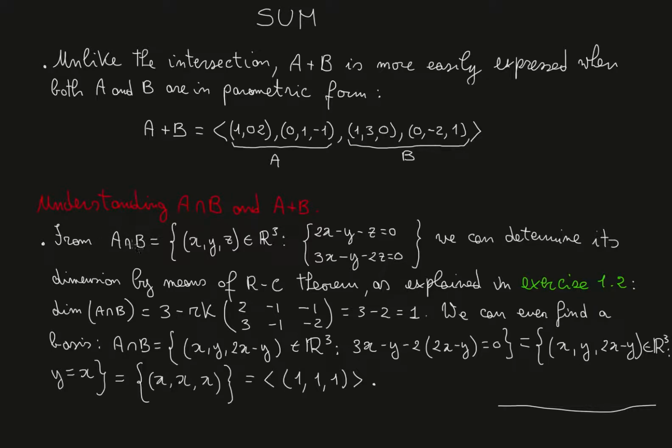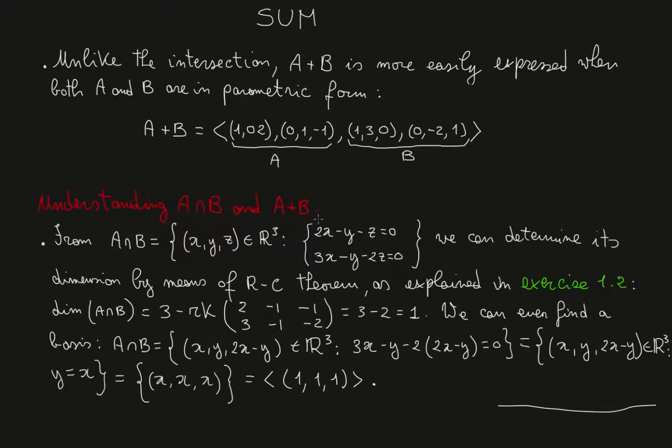From the writing of A intersected B in coordinates, we can determine its dimension by means of the RC theorem as explained in exercise 1.2. Essentially, A intersected B is the set of solutions of the following system of linear equations.